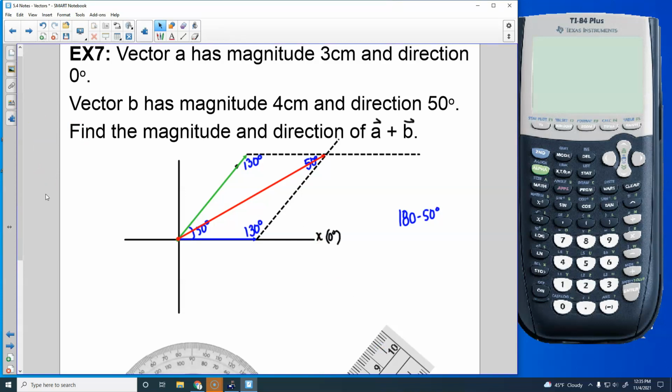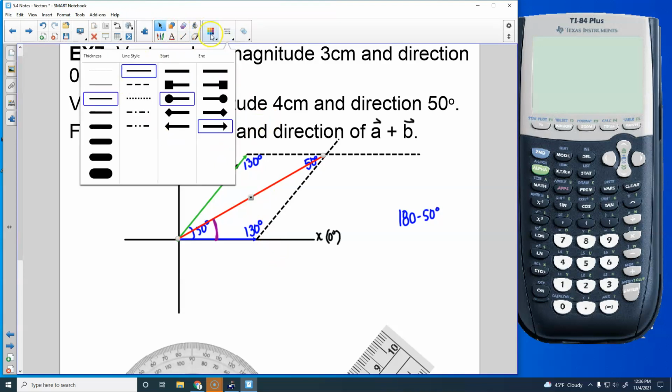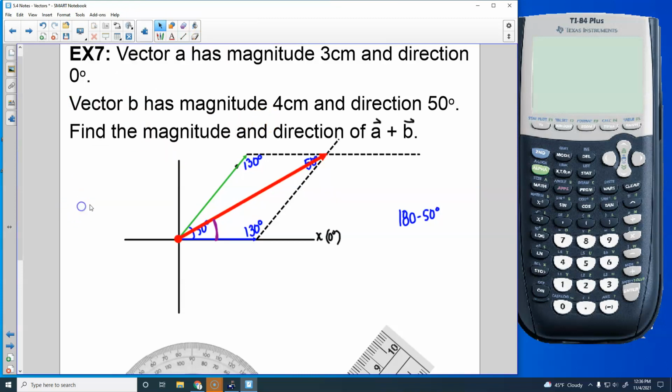All right, so my direction is this angle right here, right? Because that red, let me make it a little bit darker right there so we're certain that that is the, all right, so this is what we're looking for, right?